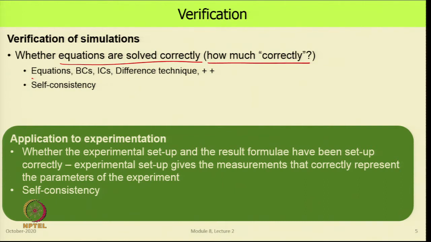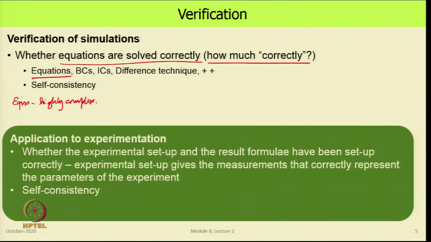Well, first, whether the equations themselves were correct or not. In general, if you take the full equations that govern the physical phenomena, those equations are highly complex. And when I say complex, it means they are inhomogeneous and nonlinear.